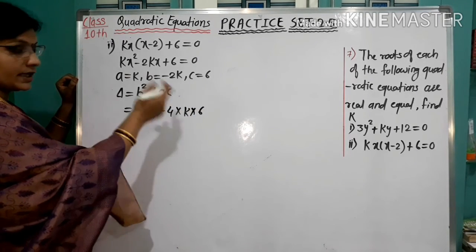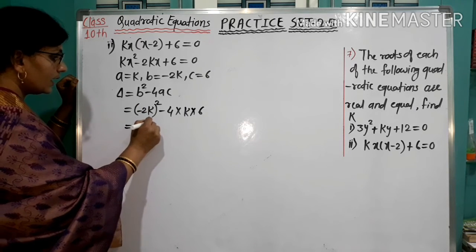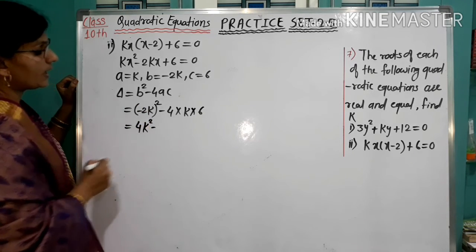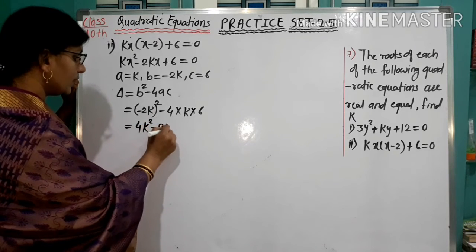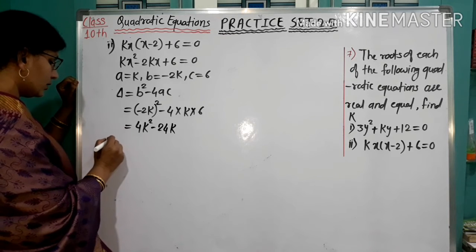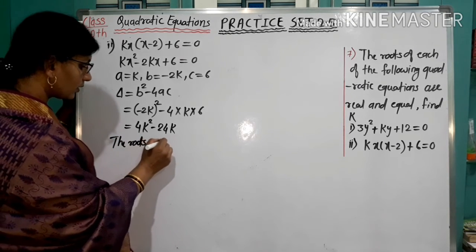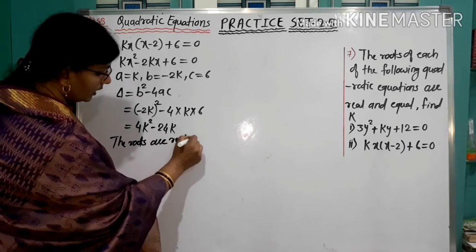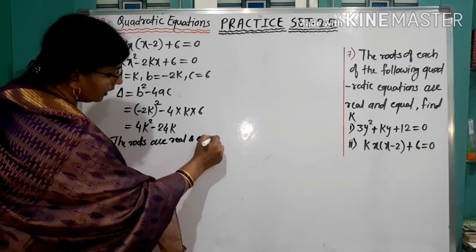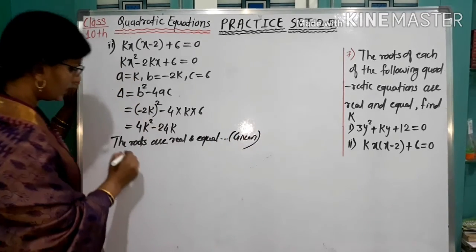Minus 2k bracket square, minus 2 square is plus 4, this is 4k square, minus 24k. Here also the roots are real and equal. This is also given.